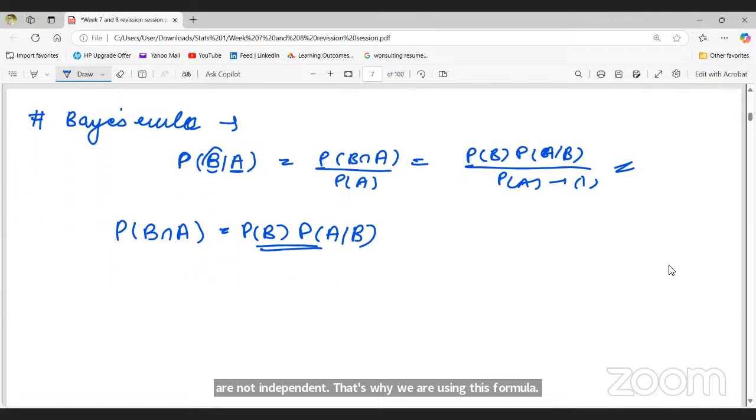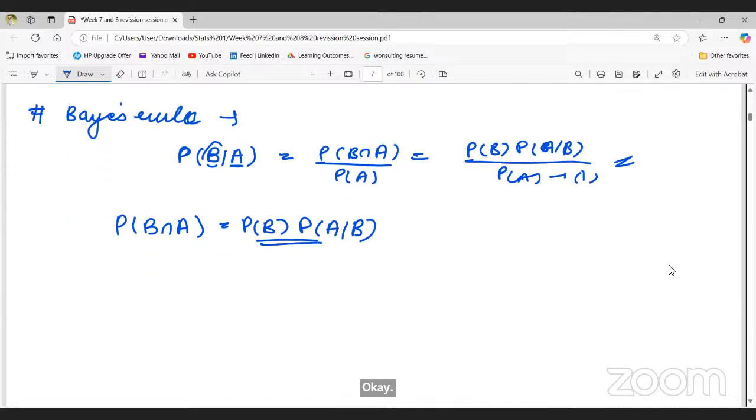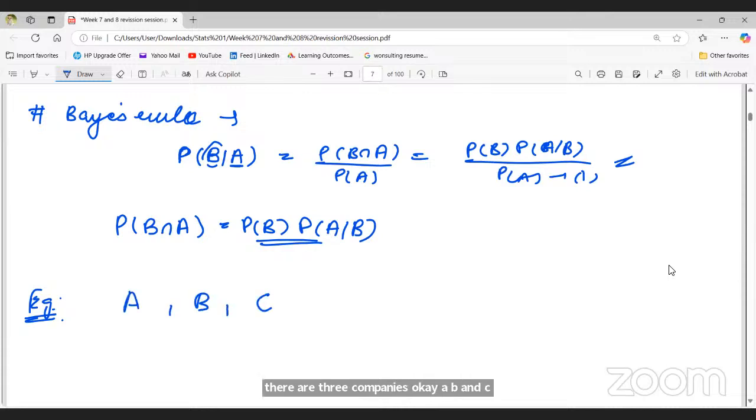Okay, let's solve one question. Just the last question. There is a company in which there are 3 companies, A, B, and C, and they produce some products. A produces 30% defective, B produces 40% defective, C produces 30% defective.